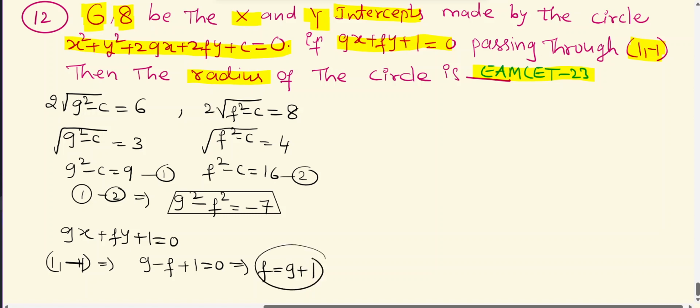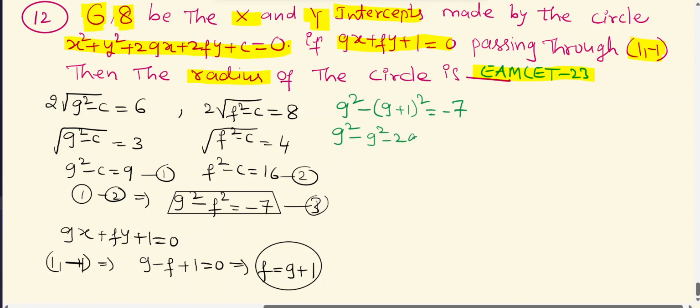Substituting this value in this equation, g square minus f square is equal to minus 7. So g square minus (g plus 1) whole square is equal to minus 7. This is g square minus g square minus 2g minus 1 is equal to minus 7.